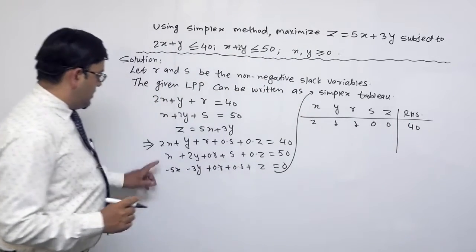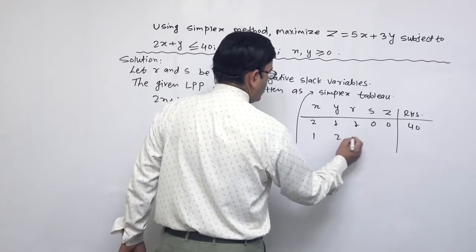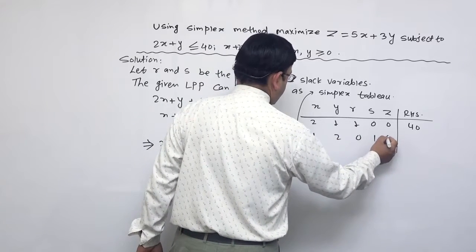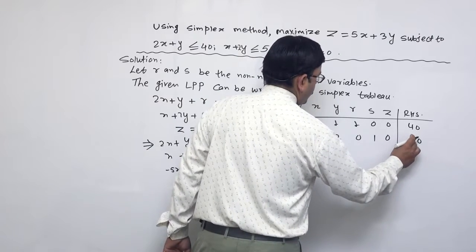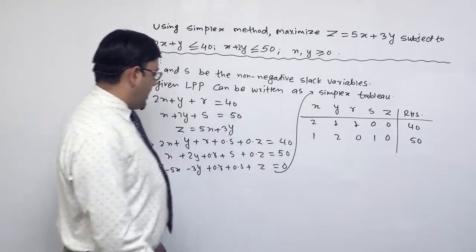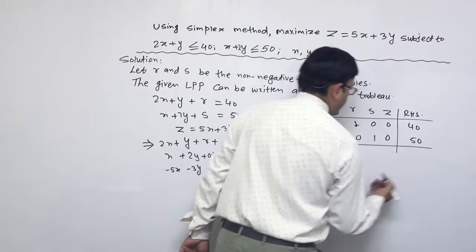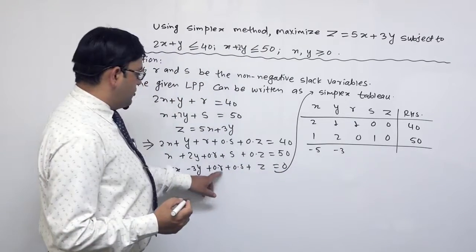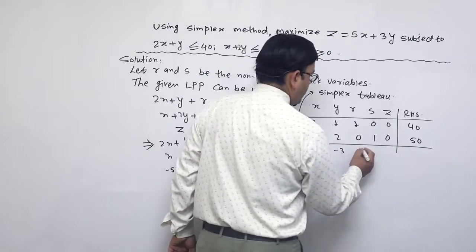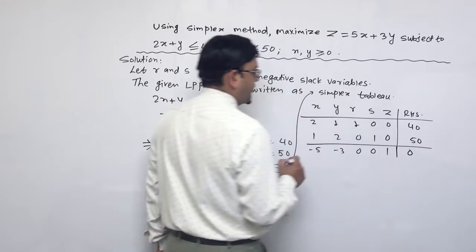Similarly, we have 1, 2, 0, 1, 0, and RHS 50. Again, we have minus 5, minus 3, and then 0, 0, and z is 1, and RHS is 0.